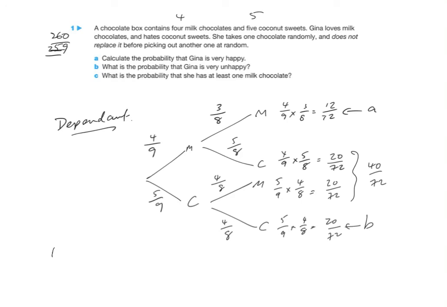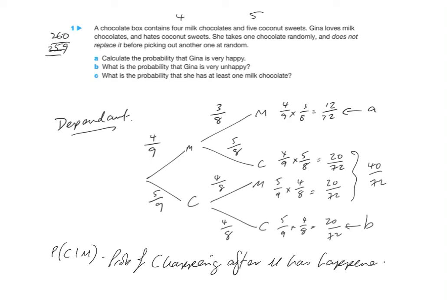If I do the probability of C given M, what does that mean? That means the probability of C happening after M has happened or has been chosen.